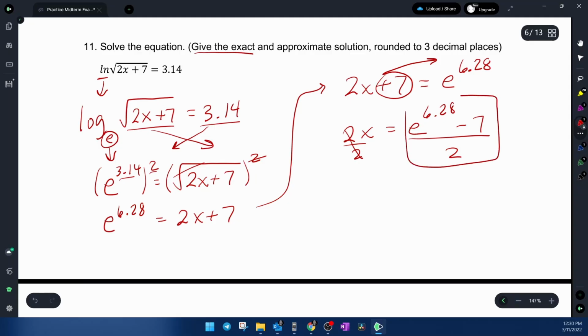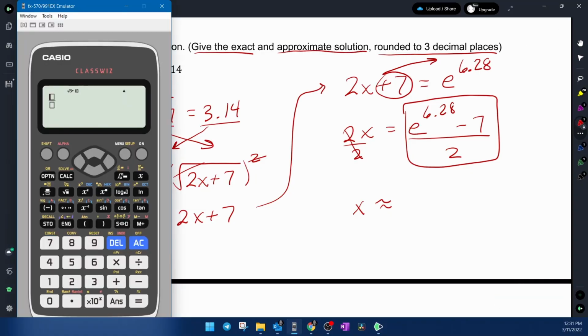That is it right there. If I do any other calculation, that would no longer be exact. Okay, so this is the exact answer. Then if I want the approximate answer rounded to 3 decimal places, I am going to need to use the calculator.